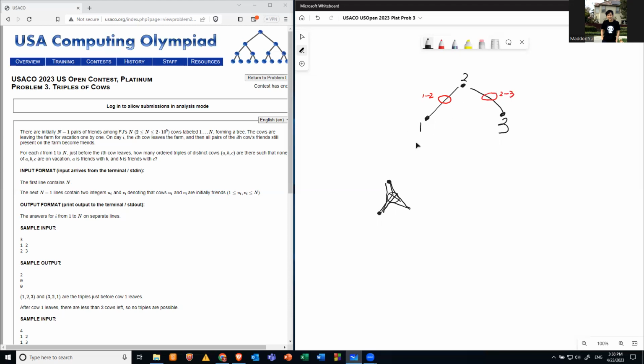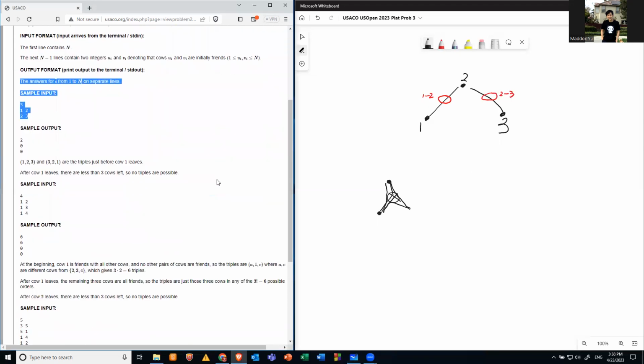If you look at the second problem, let me draw it for you. 1 has a relationship 1 to 2, which goes to 2. 1 has a relationship 1 to 3, which goes to 3.